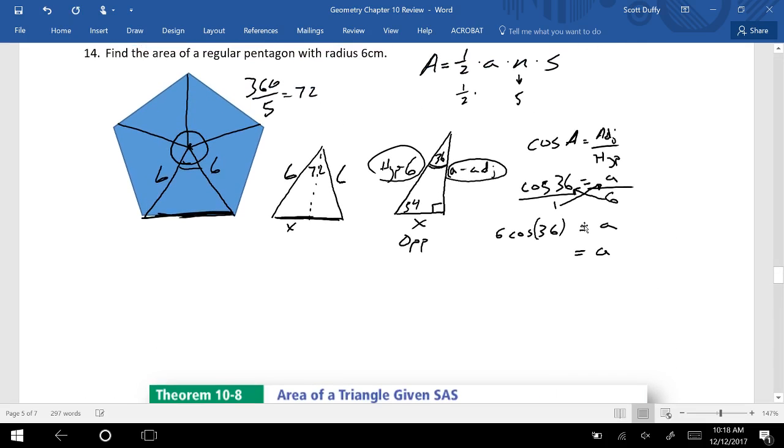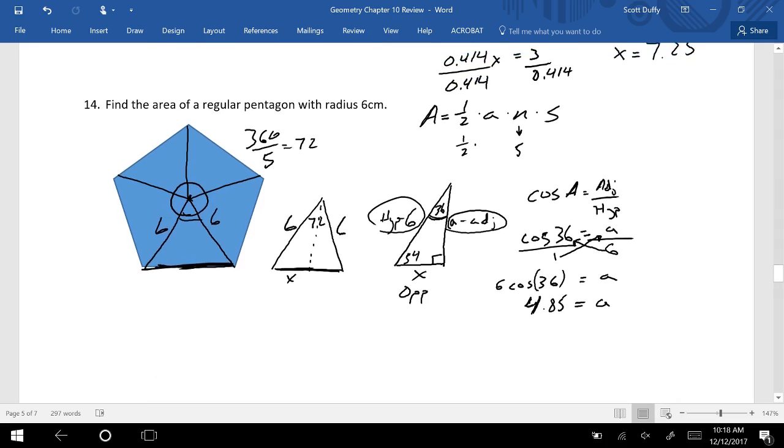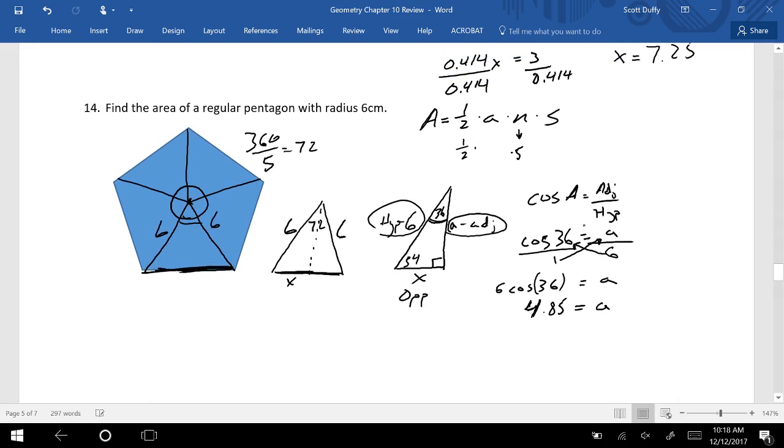Six times the cosine of 36 equals 4.85. So I just found my apothem, 4.85.